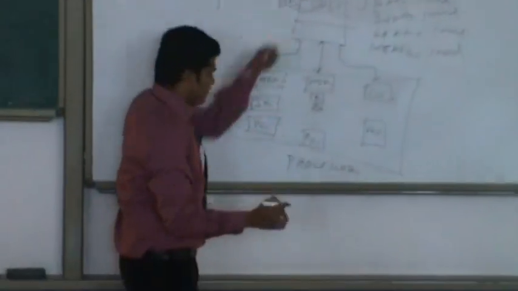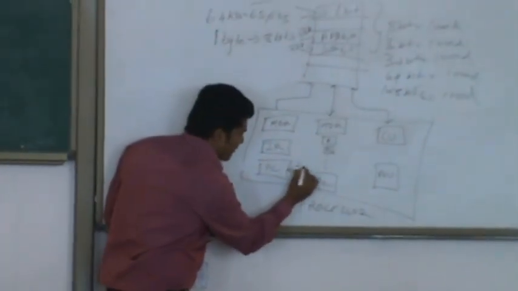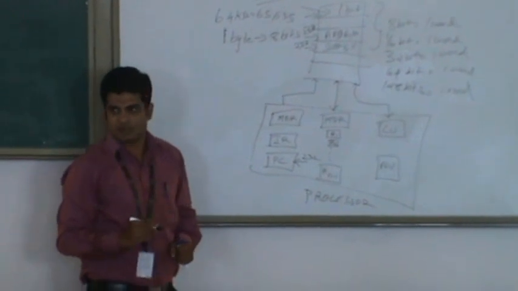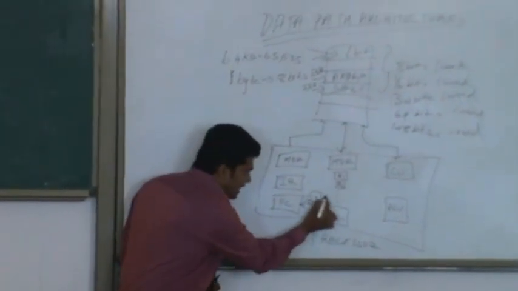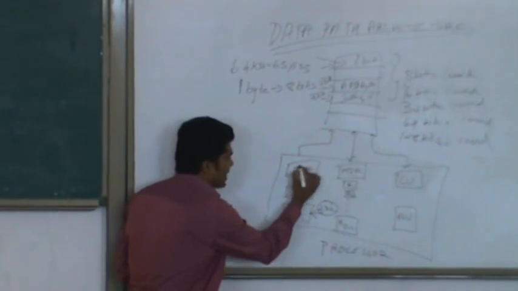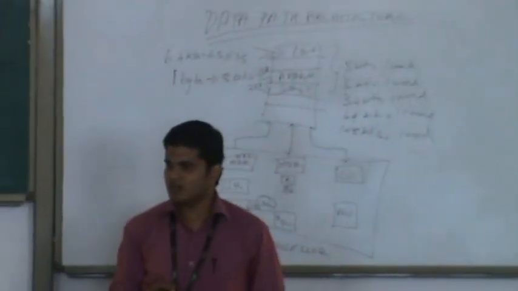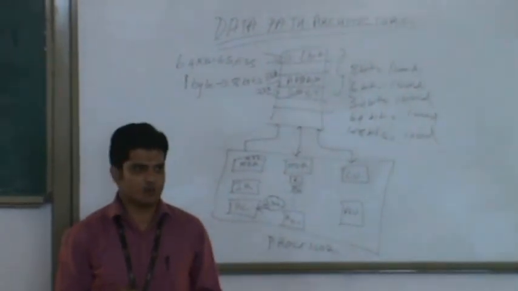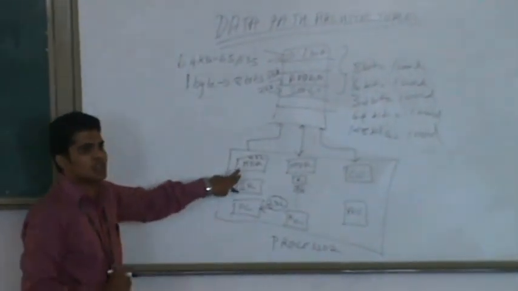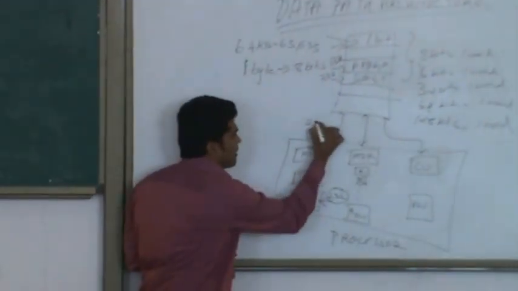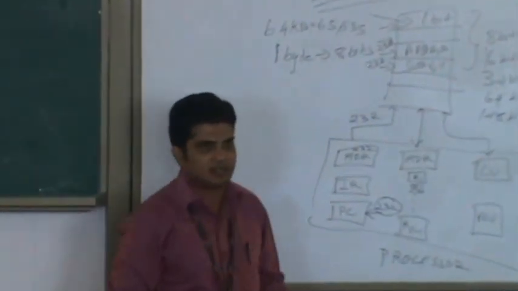So the program counter will have 232 initially. This address will be given to MAR. So as of now, MAR will have the address 232. This address 232 will be sent to the memory with the help of memory address lines.